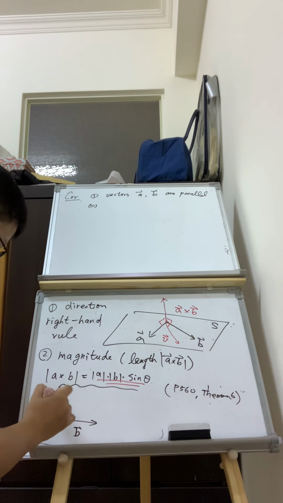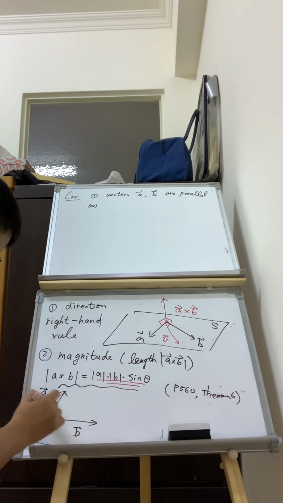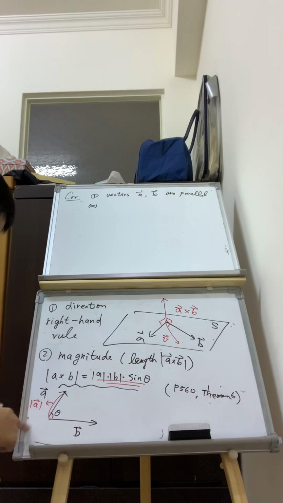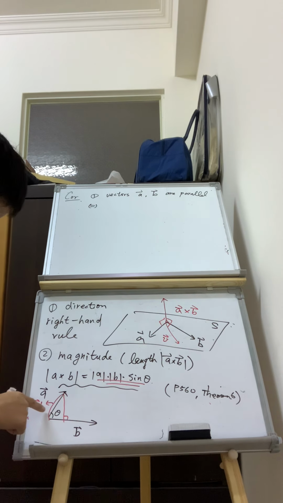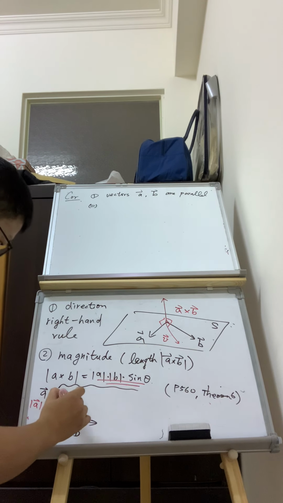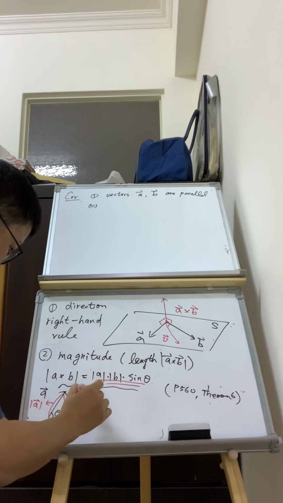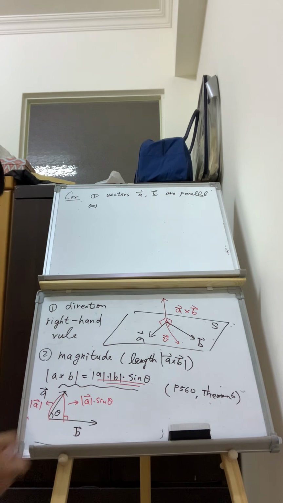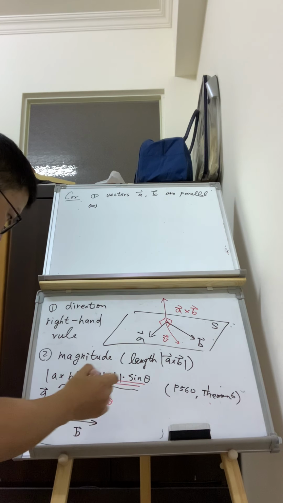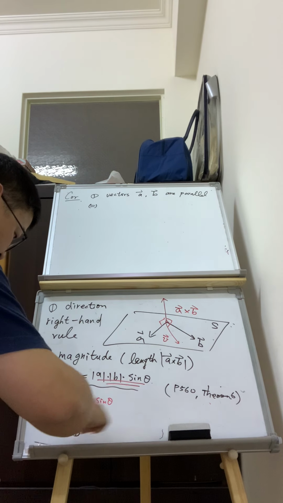The length is exactly the length of A, and when we consider the right triangle here, the hypotenuse is A. The angle is theta. So the opposite side is exactly sine theta, right?